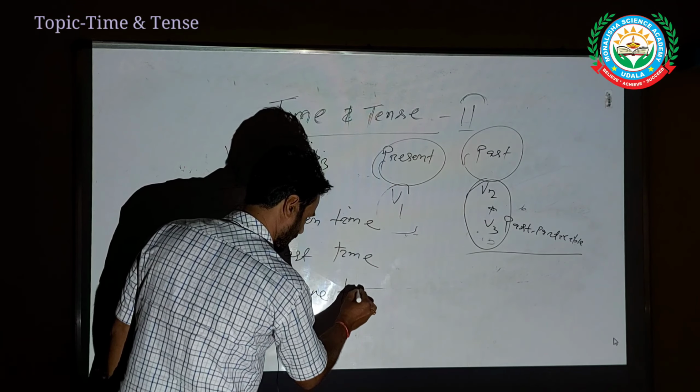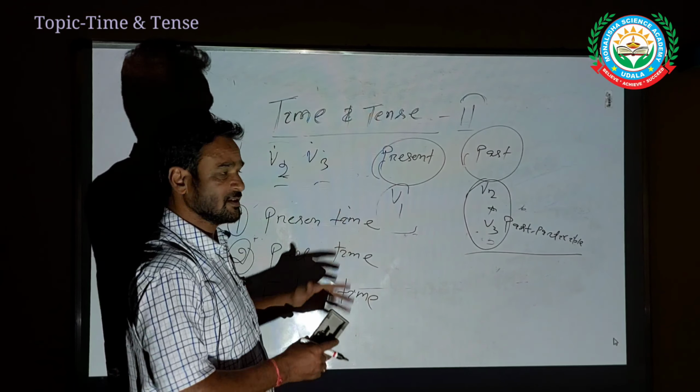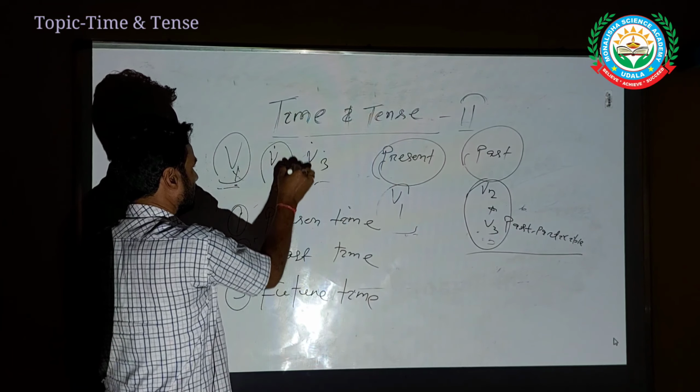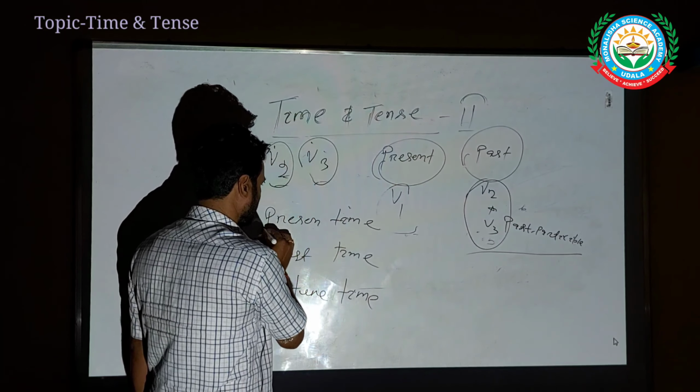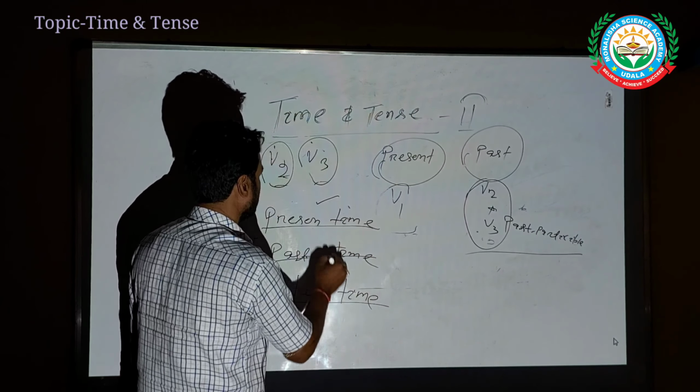That means tenses can be put into three forms, V1, V2, V3. The times are of three types: present time, past time and future time. So here three, here also three. So let me add only one word here: present time action. Right? Second is past time action, and future time action.